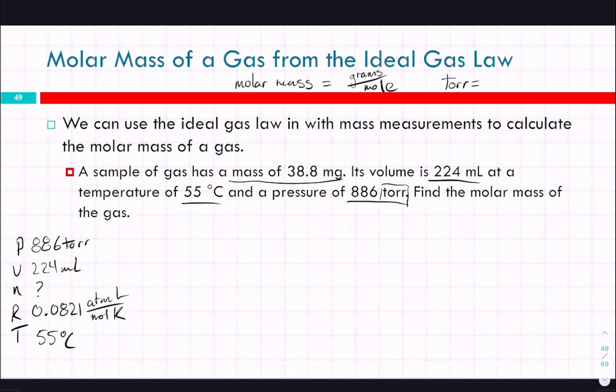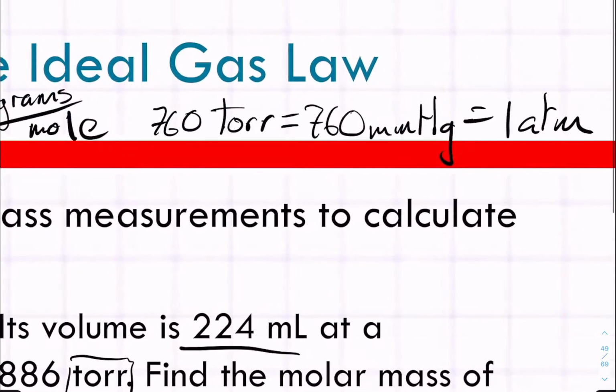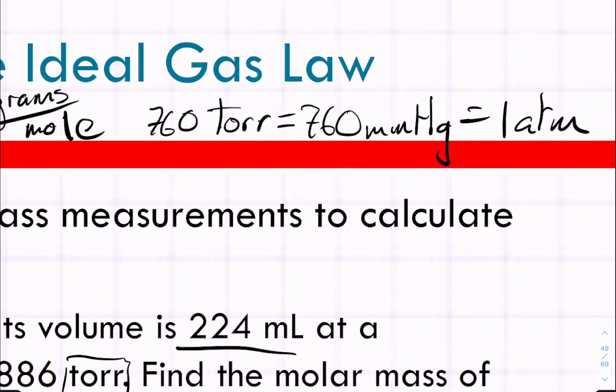Let me write it like this. So 760 torr is 760 millimeters of mercury, which is equal to 1 atmosphere. So we can do double duty in terms of the conversion factor. 760 is an important number.